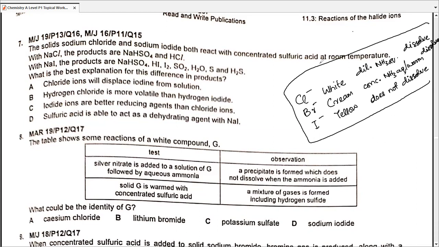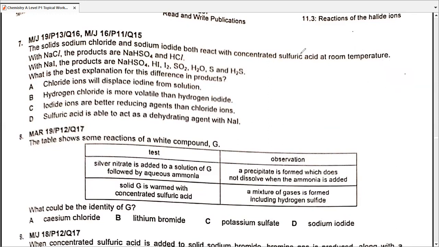If you remember this, many of the questions are going to be very easy for you because after every 1 to 2 questions, maybe 3 questions, you'll find a question related to precipitates or the usage of silver nitrate or the use of aqueous ammonia after it. Okay, so getting back to 7.